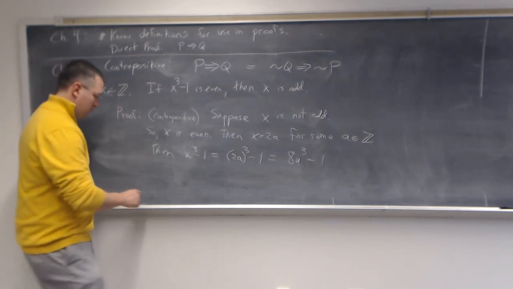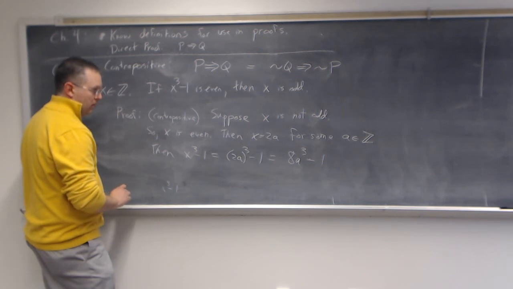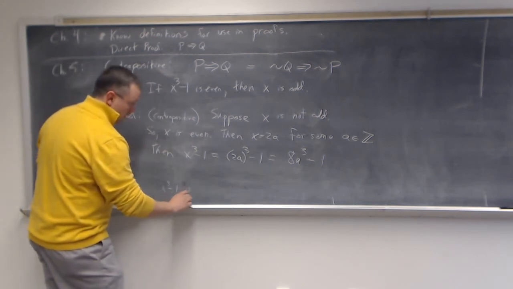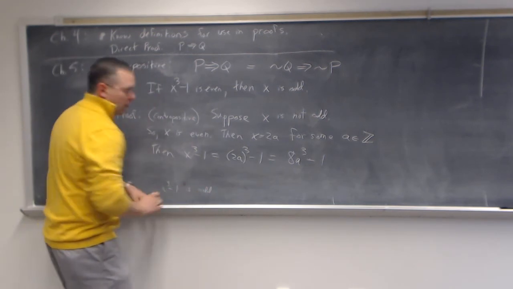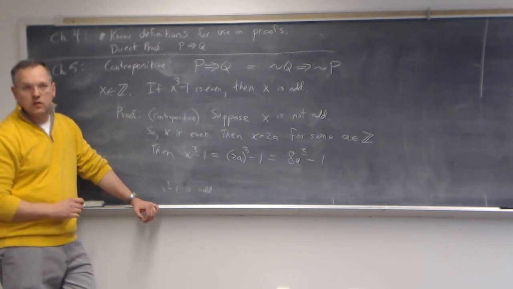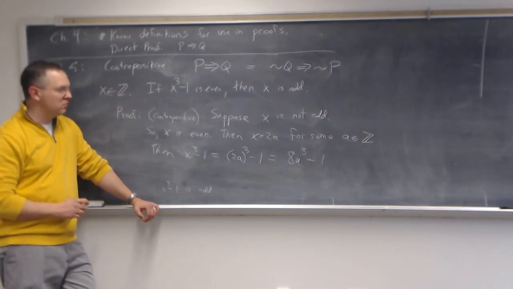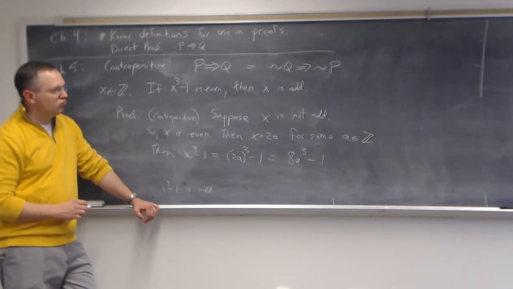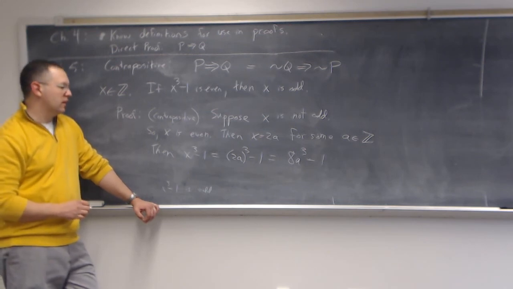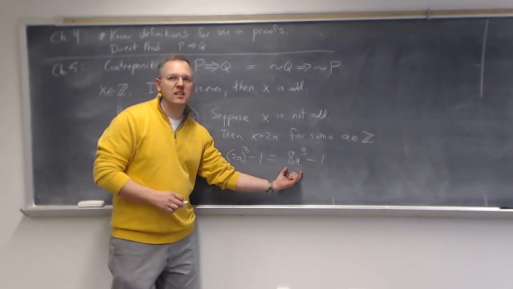Where are we going? Trying to show that x cubed minus 1 is odd. We're close. Do you believe that it's odd? What do odd numbers look like? 2 times the integer plus 1. Yeah, so this looks even. This stuff looks even, right? It's 8 times an integer.